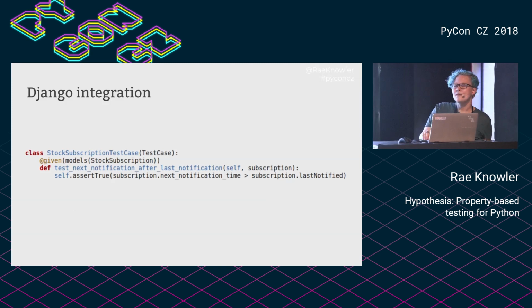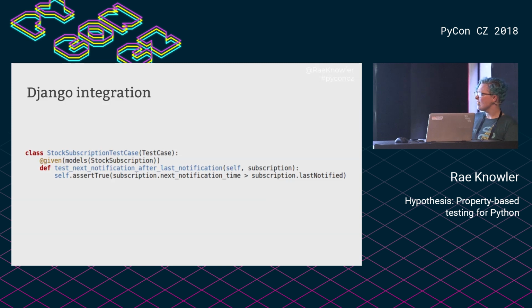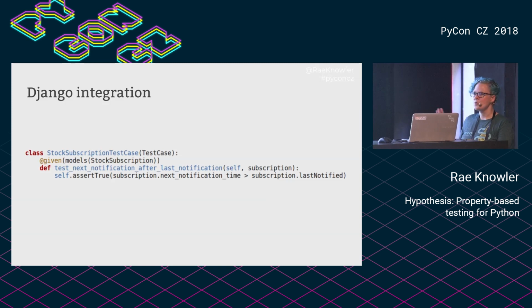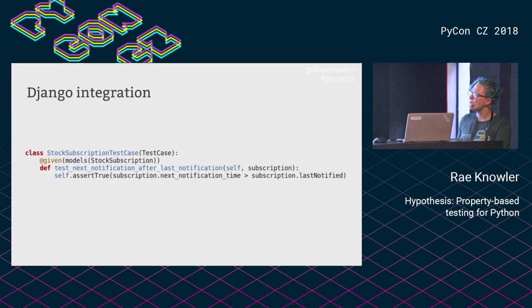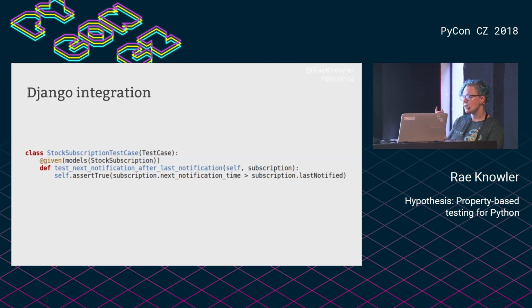Of course, I'm testing my app, so I write a test for it. Maybe I have a lot of methods I need to test, so I make a TestCase class for this model, StockSubscriptionTestCase. You can only see one test here, testing the next notification is after the last notification.